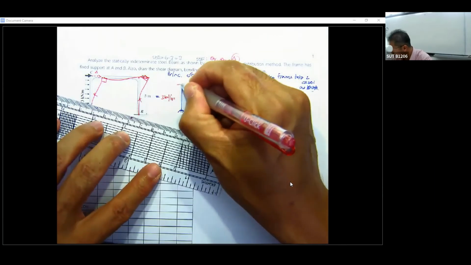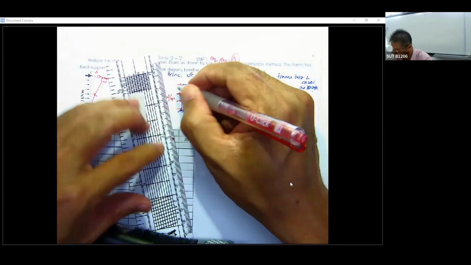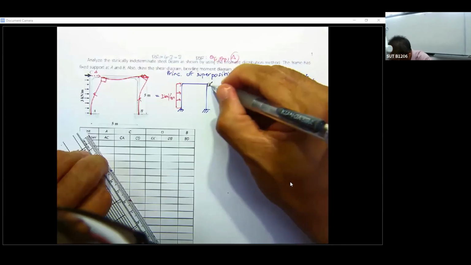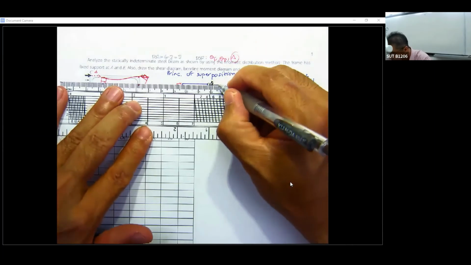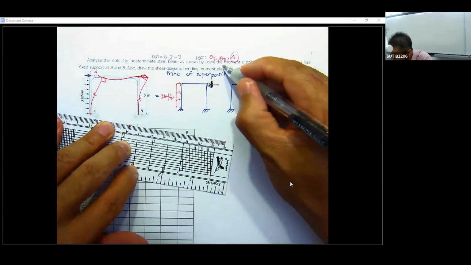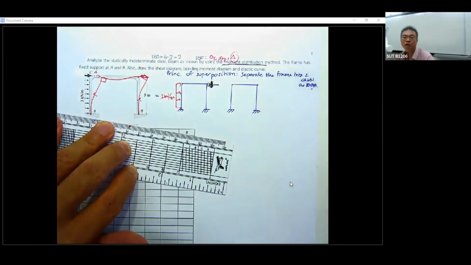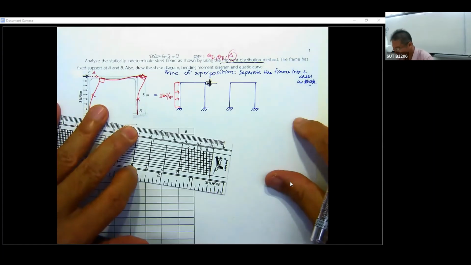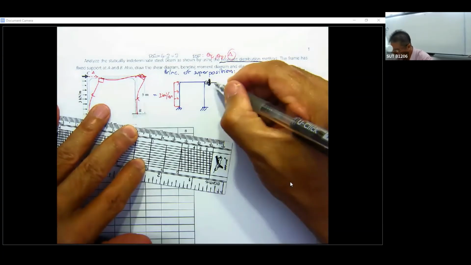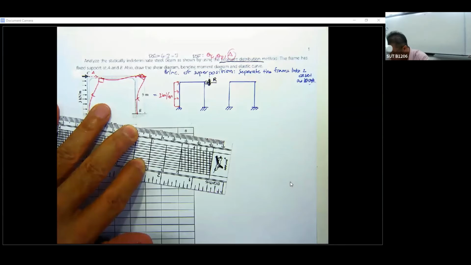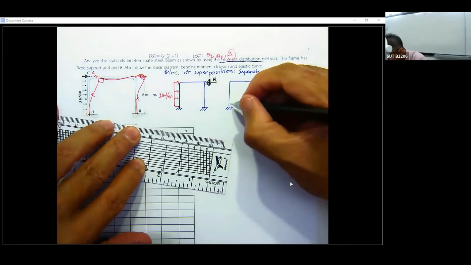That means you've got to put this roller to resist the sidesway in order to use the method of moment distribution to solve this problem. Okay, and then let's say this one is R, and the other one is the structure that will be required to have the sidesway.